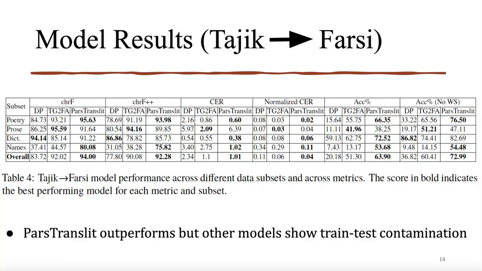And we also believe this is interacting with the fact that Cyrillic to Farsi has proven to be the easier direction for all models. Just looking at the sequence-level evaluation between Tajik to Farsi and Farsi to Tajik, it's clear that this is the easier direction, and so it's likely that the train-test contamination bias is amplified here.